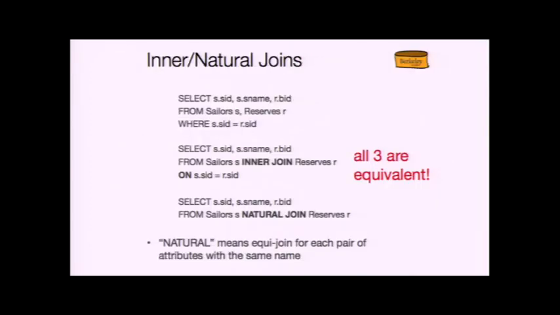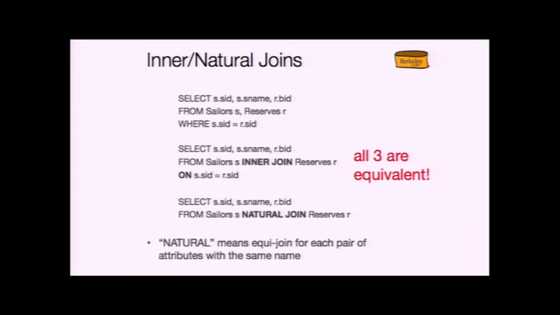Just some more syntactical stuff with joins. All three of these different ways of joining are equivalent. Again, if you just put commas, it doesn't inner join automatically. That's the same thing as doing an inner join on some keys.